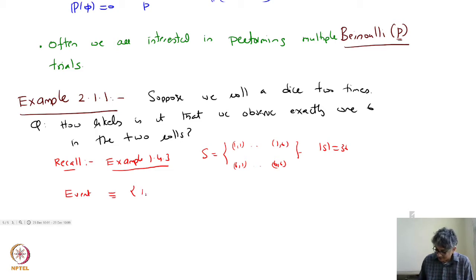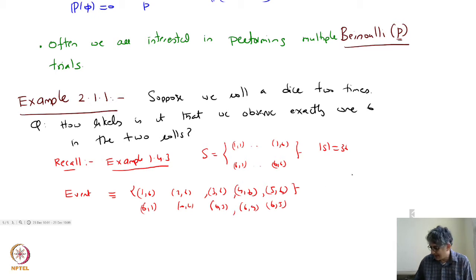That's like 1 6, 2 6, 3 6, 4 6, 5 6 as the event of interest. Another one, right? 6 1, 6 2, 6 3, and so on, 6 5, right? Only one 6. These are all the possible outcomes that I'm interested in, and I would do that.